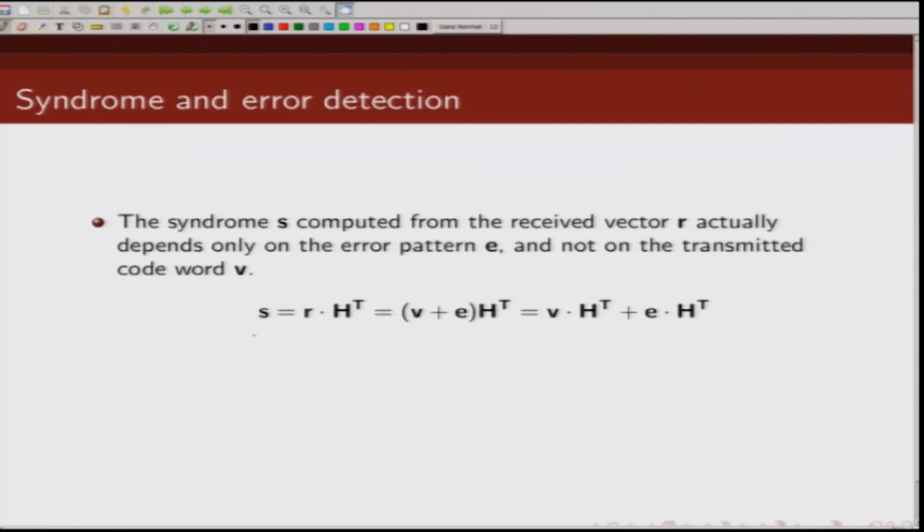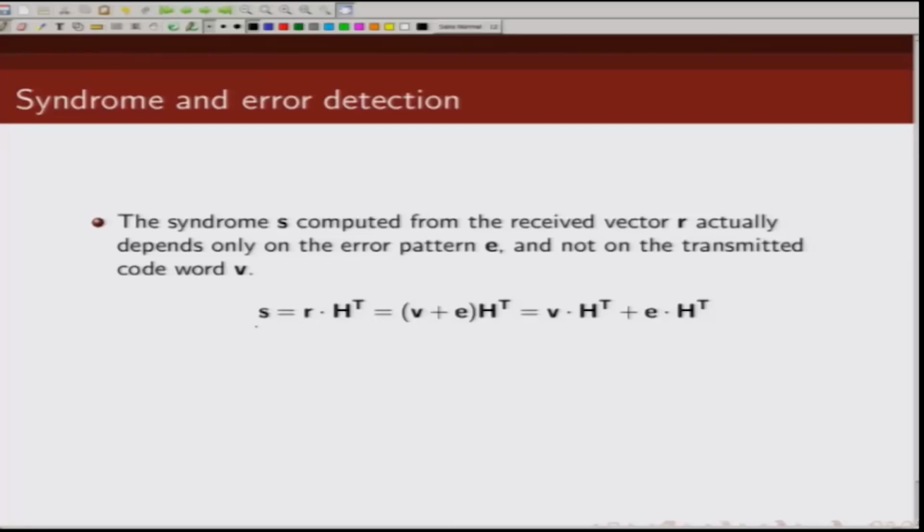So, as I said, we compute the syndrome from the received sequence R. The interesting part is that the syndrome depends only on the error pattern, it does not depend on what code word was transmitted, and this is easy to see. So, the syndrome is RH transpose, and R is my transmitted code word plus the error vector, this whole multiplied by H transpose.